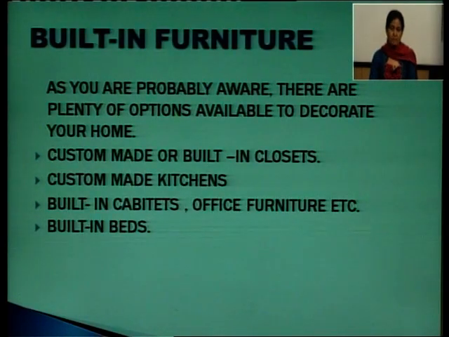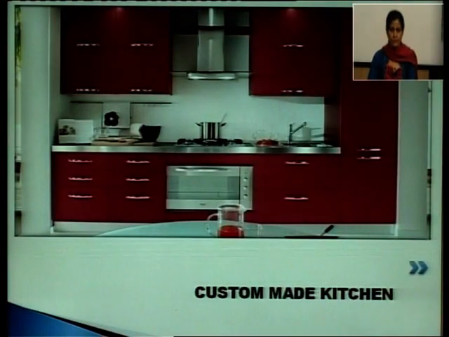Then come custom made kitchens. Nowadays custom made kitchens are in trend. Then come built-in cabinets, office furniture and built-in beds. Now we will discuss this with the help of the following pictures.